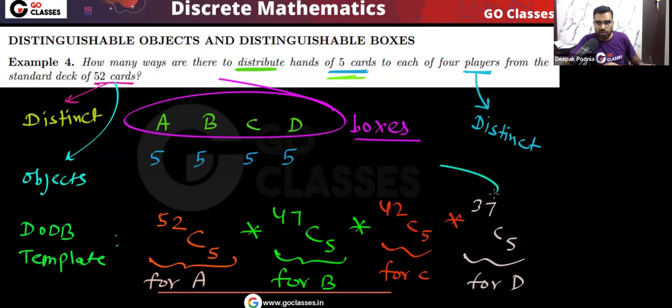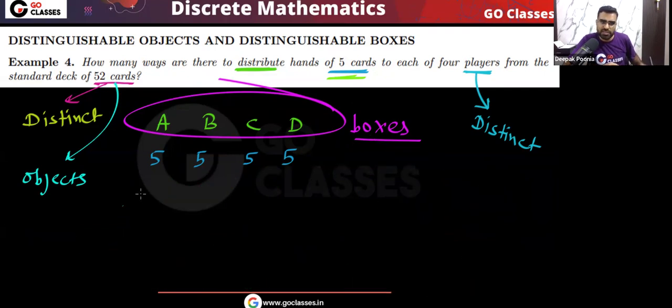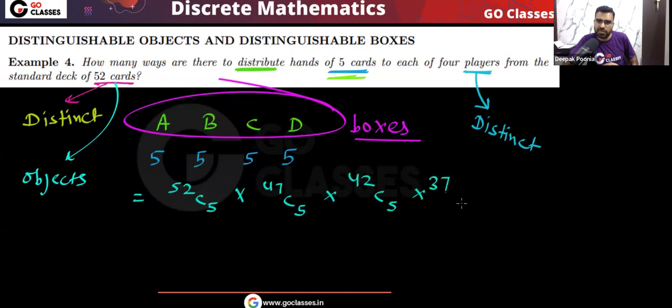So if you simplify this, what will it become? This is the answer we got: 52 C5 multiplied by 47 C5 multiplied by 42 C5 multiplied by 37 C5. Just open it, then many values will cancel.